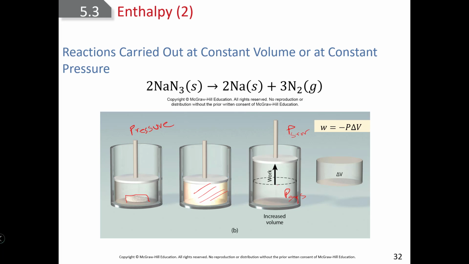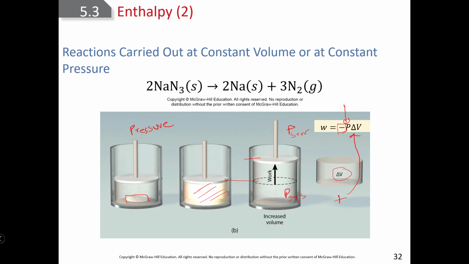So the volume goes from where the piston was, right here, to here. So this is the volume change. It's a positive value. Again, we plug that into this equation. The pressure is always a positive value. And then we multiply it by the negative correction factor there, and we get work equals negative.